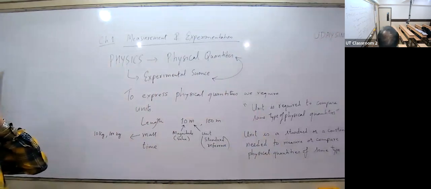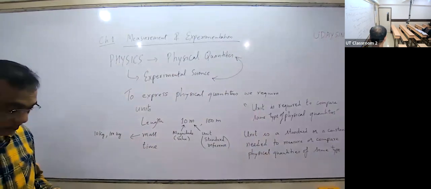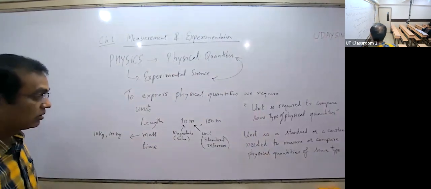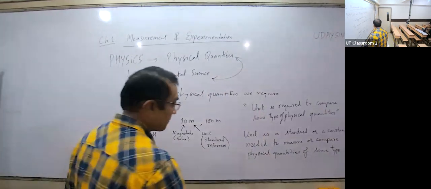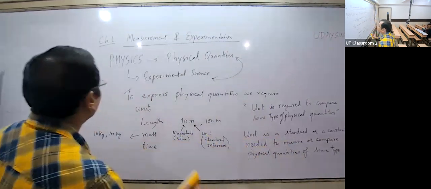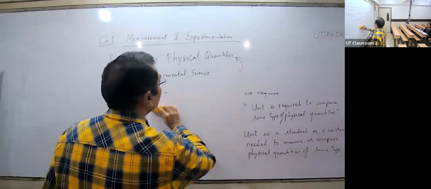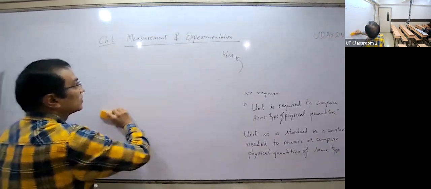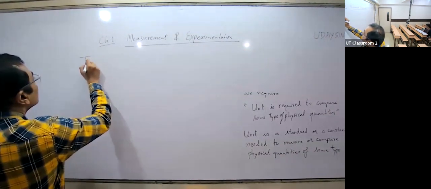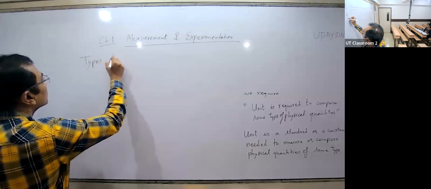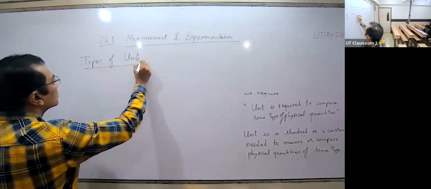So any questions? What are physical quantities and what is a unit? Why we need them? Now let's understand what are the different types of units.